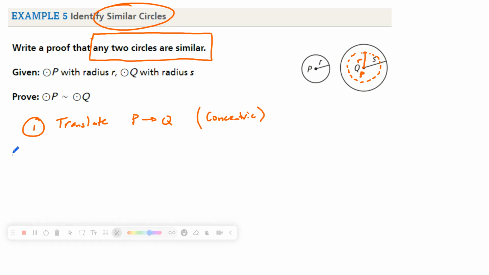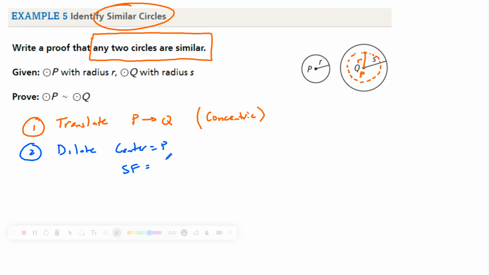Step 2 is now we need to dilate. We need the radius of circle P, the small circle, to increase. When we dilate, our center is going to be P, and our scale factor is going to be new over old. In this case, because we need to enlarge, it needs to be the longer measurement divided by the smaller.